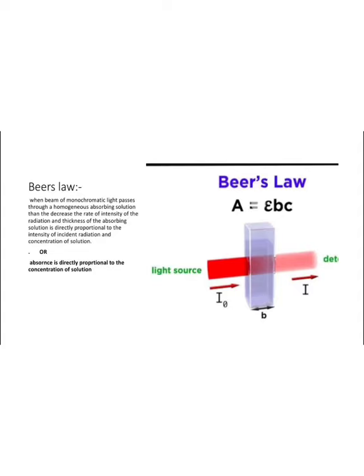Then we pass monochromatic light through sample D, which has soil. Its concentration is more compared to the other samples, and the light absorbed by soil is 90%.